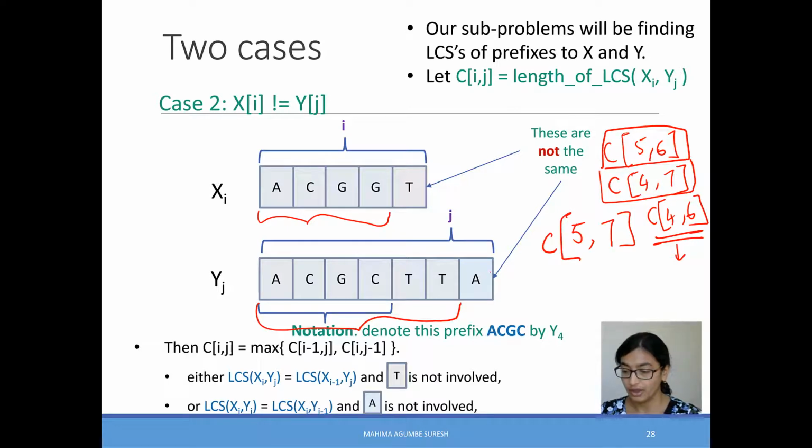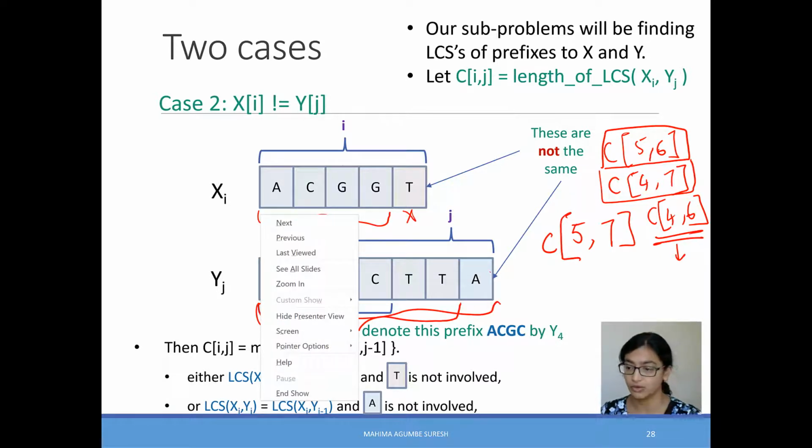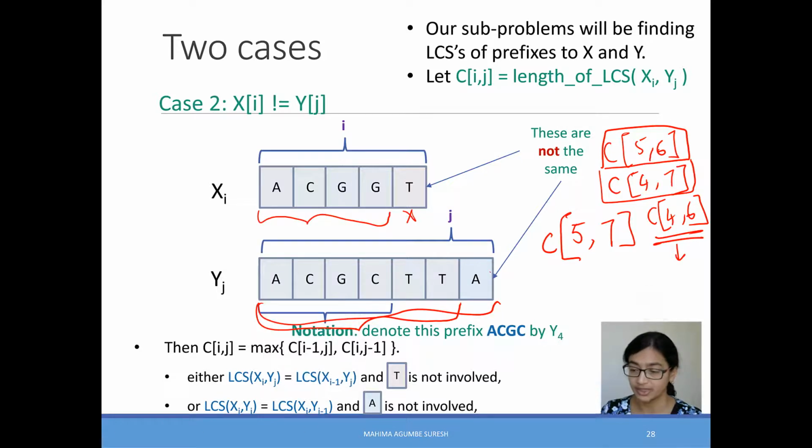How? We can either keep the case when t is not involved and retain the entire prefix of y and the prefix of x without using t, or we can do the same thing with y, meaning we don't use the prefix that has a and we use the entire prefix that has x. So we either pick this one or this one.